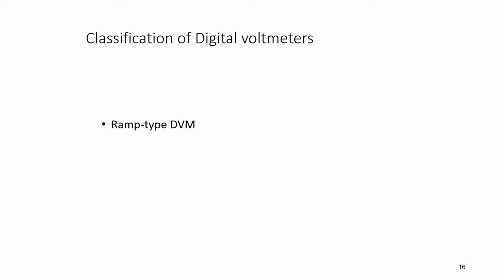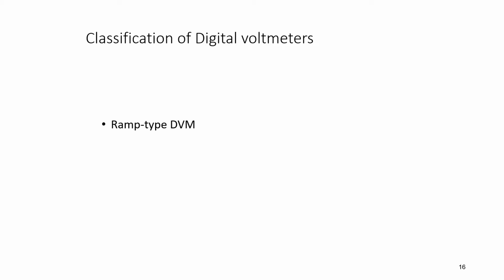With the development of IC modules, the size, the power requirements, and the cost of digital voltmeters have been reduced so that DVMs compete with analog voltmeters in portability and size.